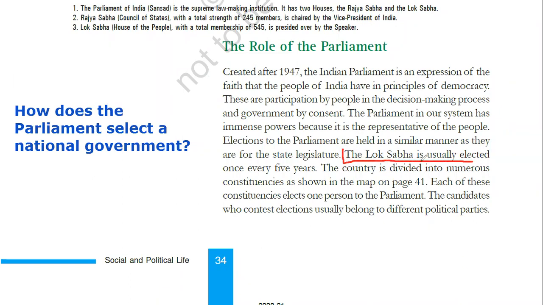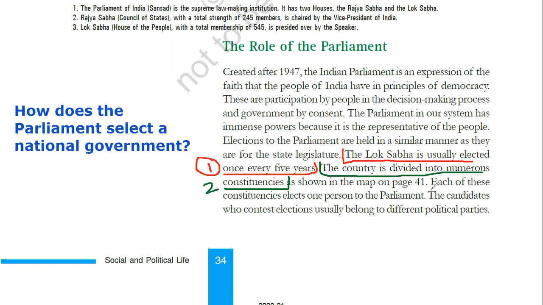The Lok Sabha is usually elected once every 5 years. This would be point number one. Point number two would be, the country is divided into numerous constituencies.